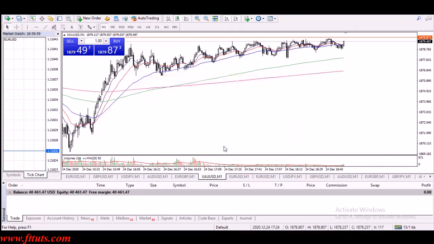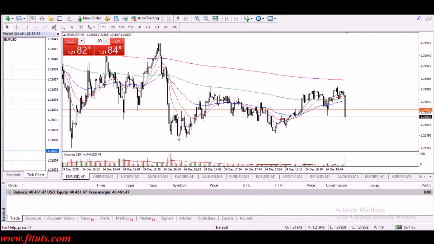Okay, here we are. Now we have EMA 500. We will not use it directly, but we will be referring to it. Okay, so for now, forget about EMA 500.